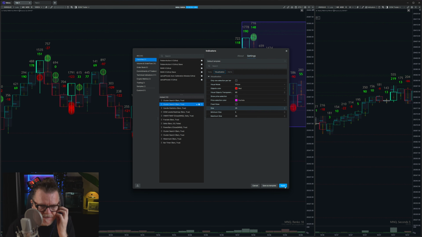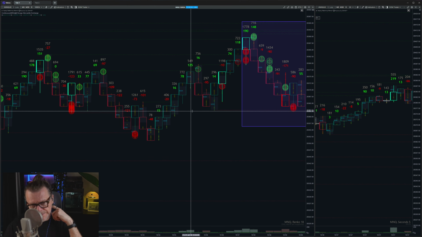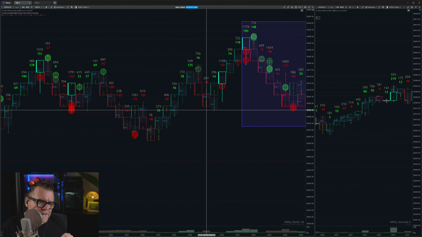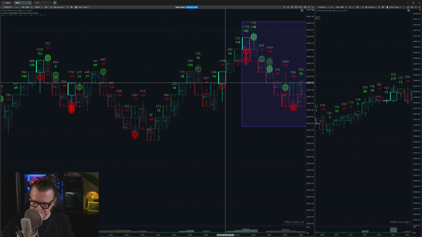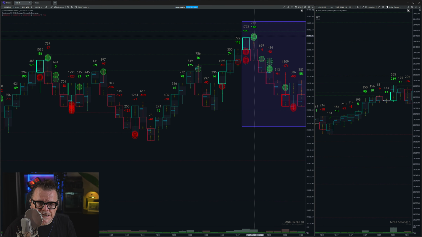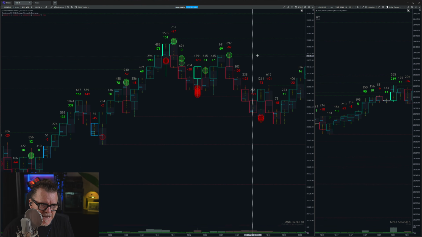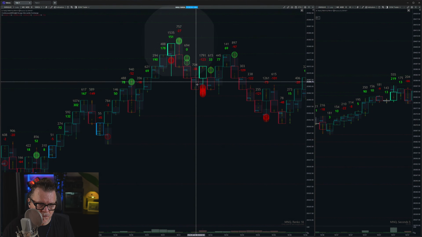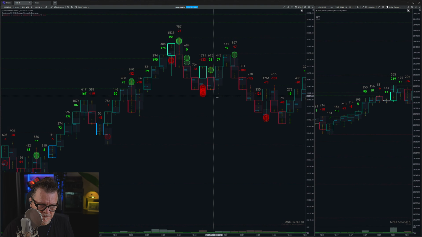And that's the cluster search indicator. That's the indicator I was using for identifying the absorptions. And the idea is that I want to see absorption at the extreme, at the high of the swing or at the low of the swing.